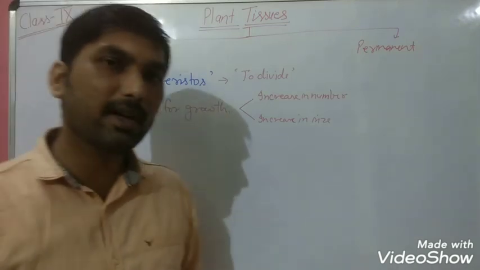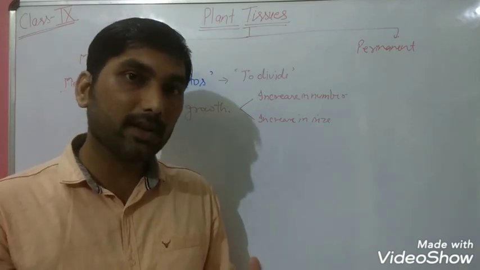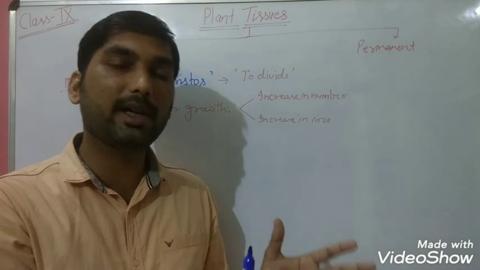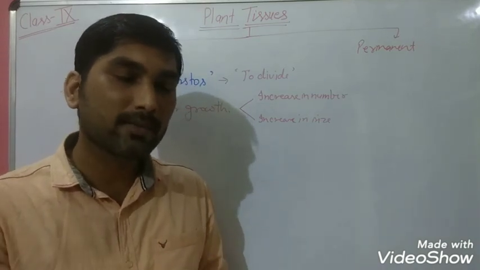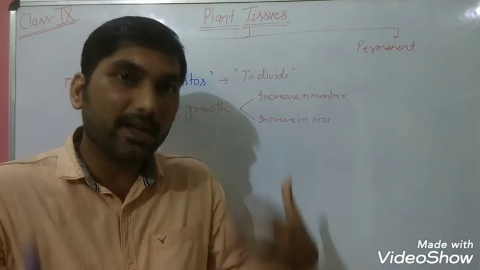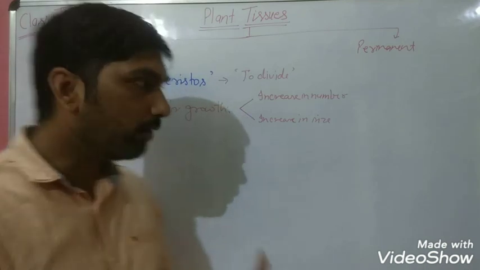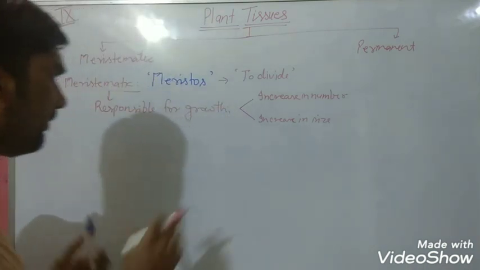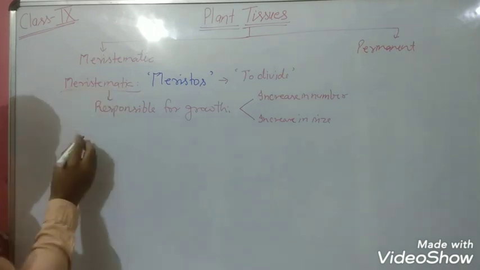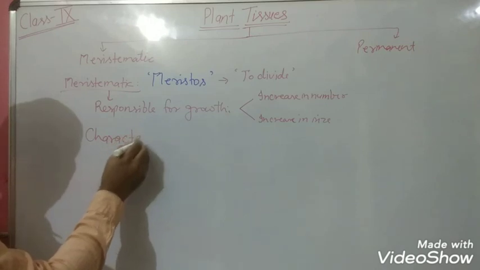And we have already discussed in the previous video that even though growth is unlimited in plants, that growth is localized. It means the growth of the plant body is not even like the growth in animals, because that growth is specific to few regions only.